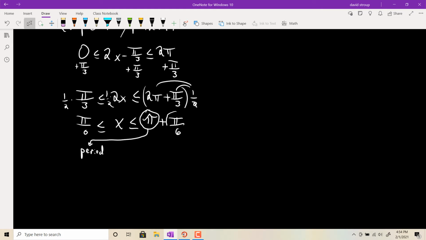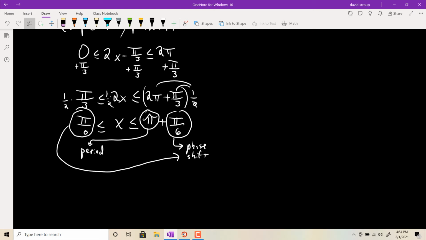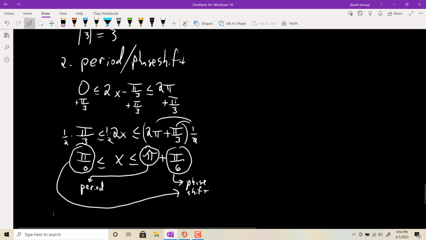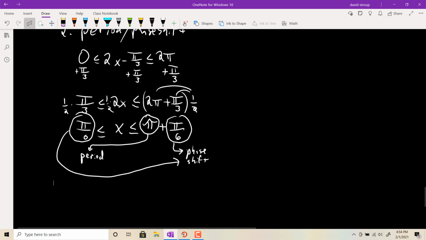And this thing turns out to be your phase shift. The phase shift is where you're starting, and then you use the period over 4 to move to your next point.